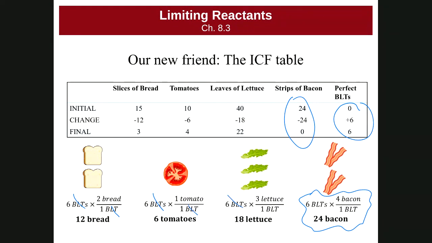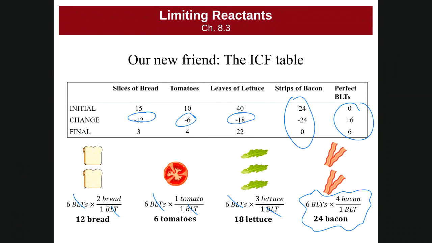So we can cancel out our BLTs and we end up with 12 pieces of bread in our 6 BLTs, 6 tomatoes in our 6 BLTs, and 18 leaves of lettuce in our 6 BLTs. And that's what goes in the change row of our ICF table.